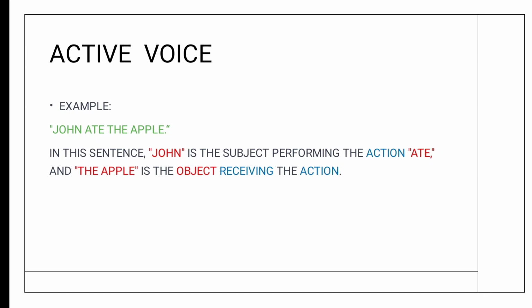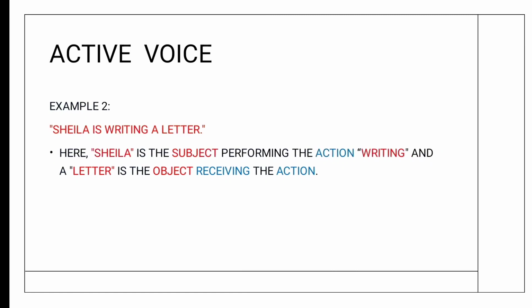This is what active voice means. Active voice tells us directly who is performing, what the action is, and who is receiving. John ate the apple. This is the active voice. The subject is in the subject place, the object is in the object place, and the verb is in the verb place. The normal formula. This is called active voice.